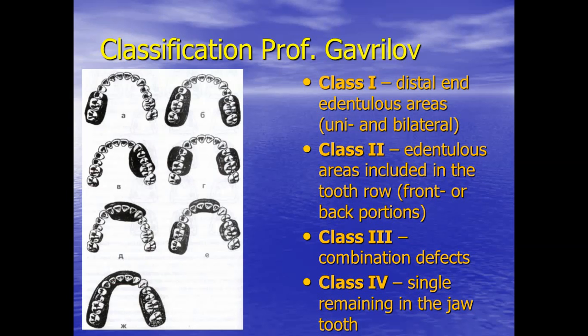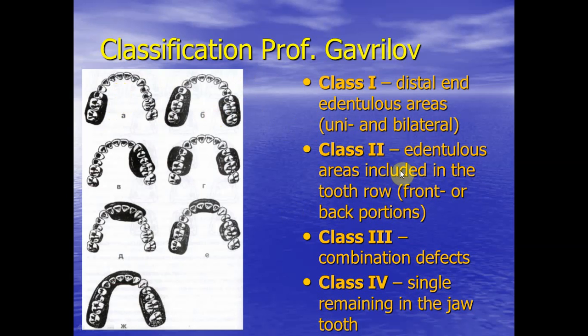According to Professor Gavrilov, class 1 are distal end edentulous areas, or distal end defects, unilateral or bilateral. These are the examples shown by the letters A, B and C.